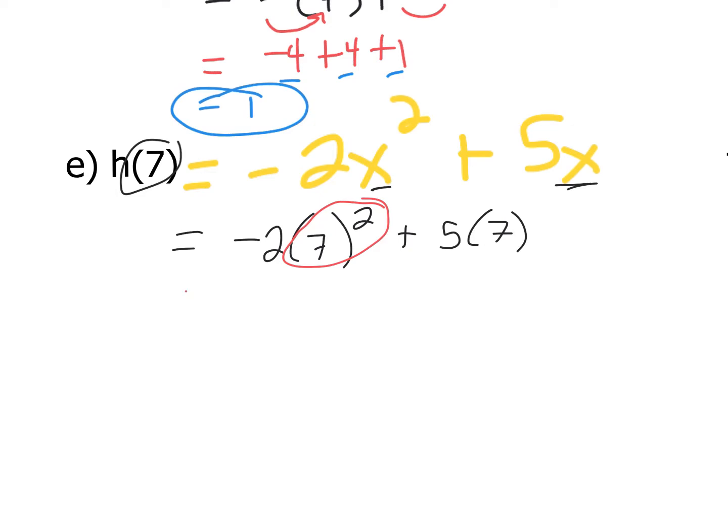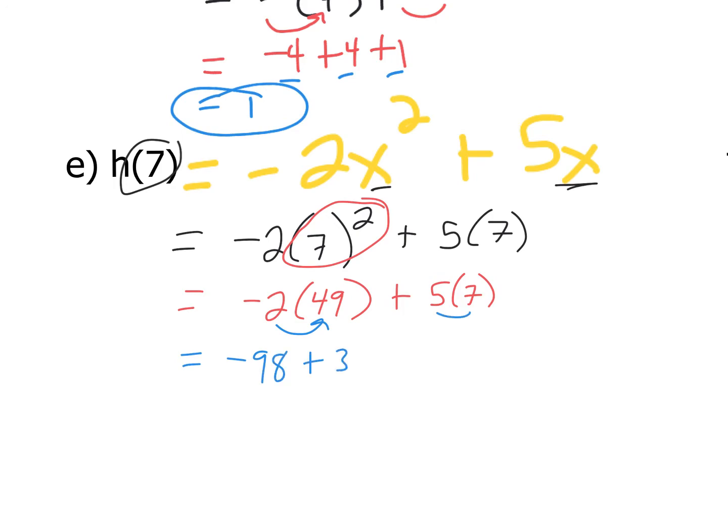Order of operations says so. So negative 2 times 49 plus 5 times 7. Multiply 2 times 49, that's negative 98 plus 35. So negative 98 plus 35 is negative 63. So h of 7 is equal to negative 63.